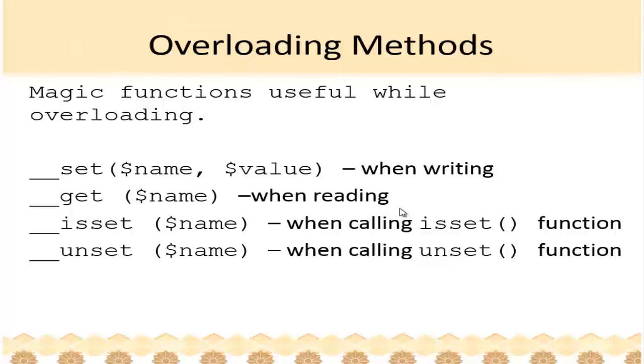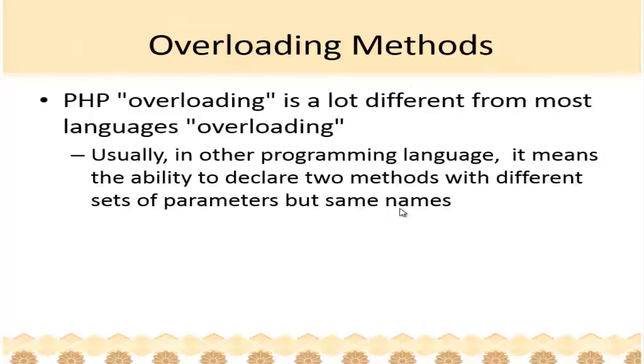This is used to verify whether that particular variable exists or not. We use the set method to automatically create a property, and because we can use it to create any property, we can cross-verify whether a particular property exists or not.